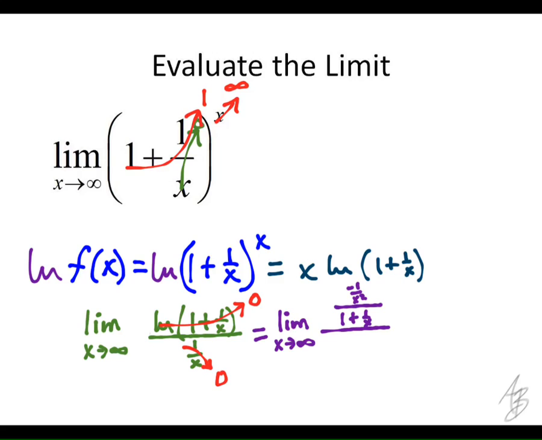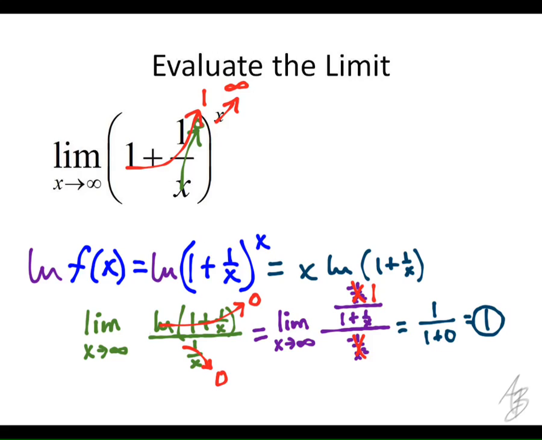And the derivative of 1 over x is going to be negative 1 over x squared. The nice thing about this is the negative 1 over x squareds are going to cancel each other out. And so if we put infinity in here, 1 over infinity is going to be 0. So we have 1 over 1, which is 1.